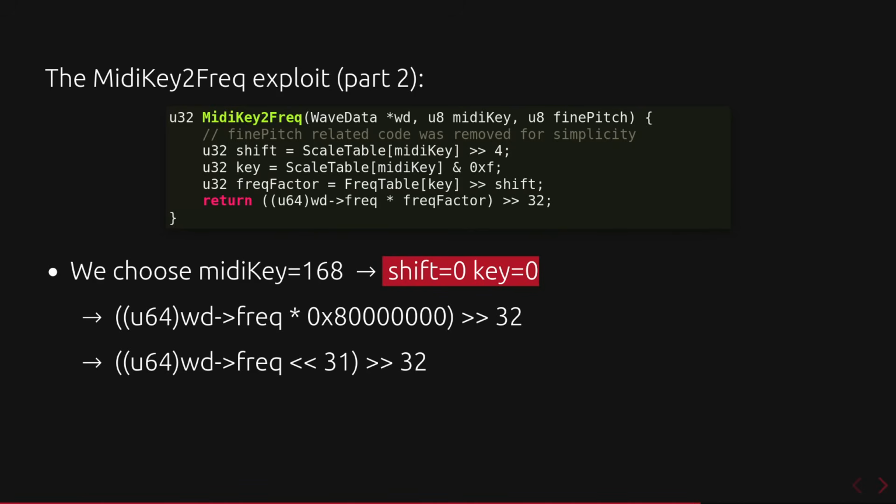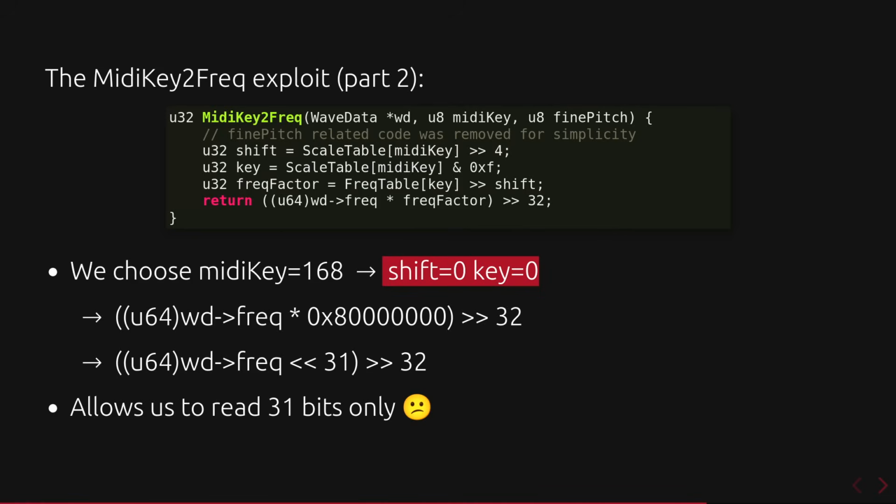And of course, if you know your binary math, this is the same as just shifting 31 bits to the left. Now we're getting closer, but you might already notice something. This allows us to read memory, but unfortunately only 31 bits of memory, because if we shift 31 bits to the left and 32 to the right, there's 1 bit that's getting lost.